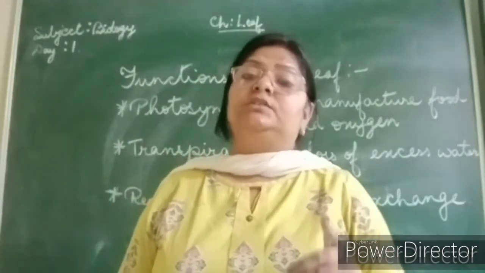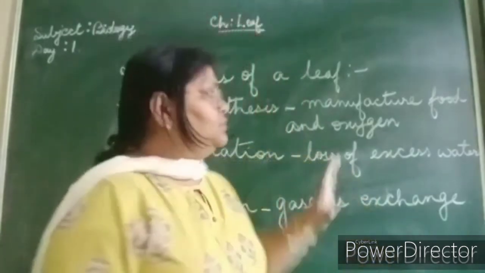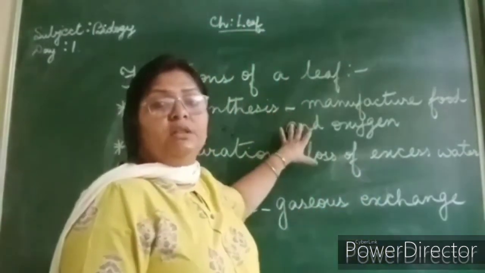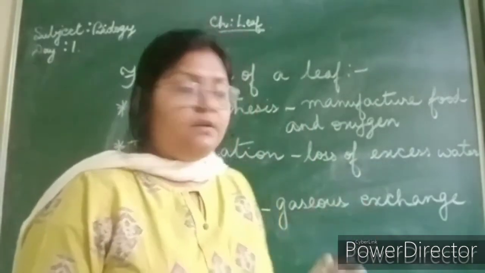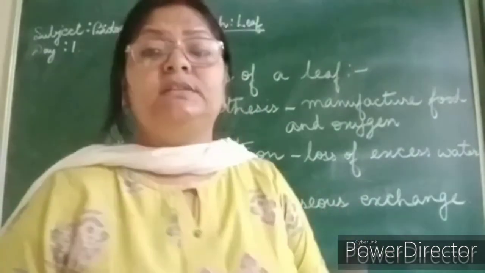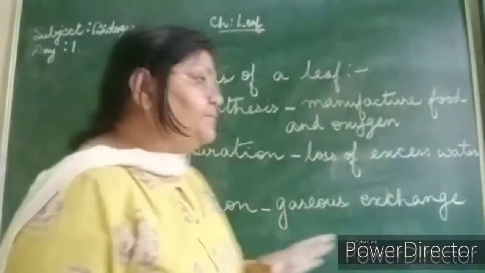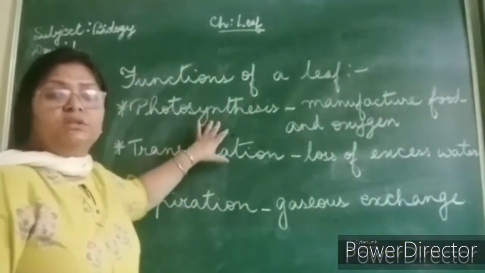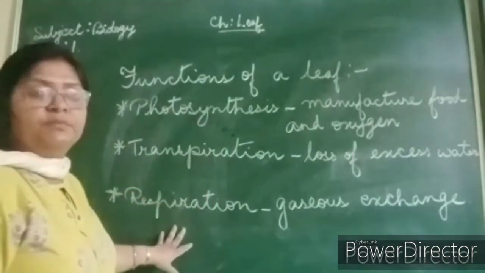But the plant needs to respire throughout the day. So photosynthesis occurs only in the daytime, but respiration occurs day and night. Here there is gaseous exchange, where oxygen is utilized and carbon dioxide is given off. So the basic functions of the leaf are photosynthesis, transpiration and respiration.